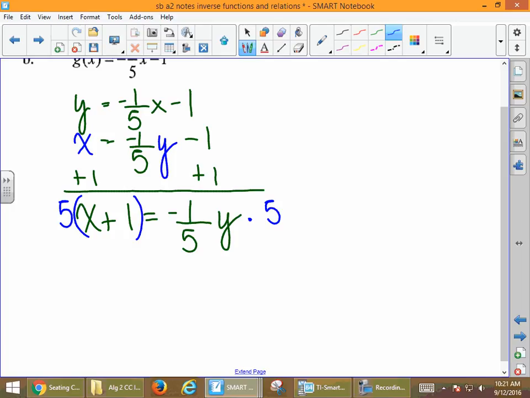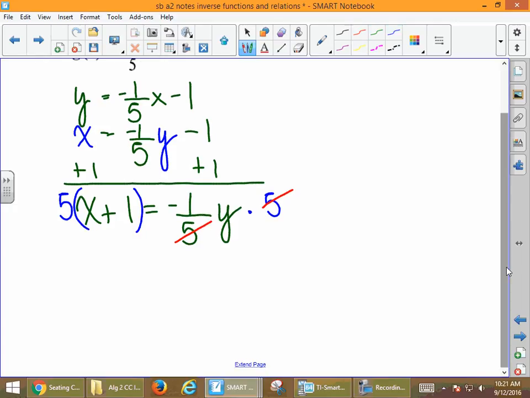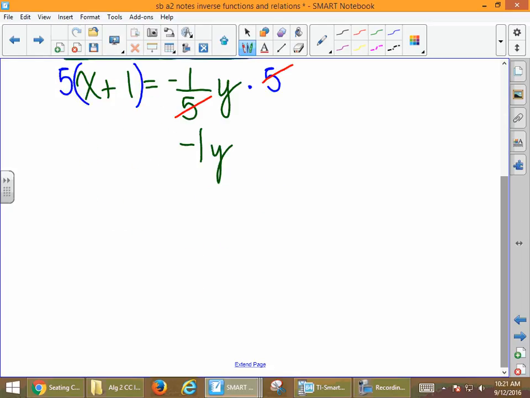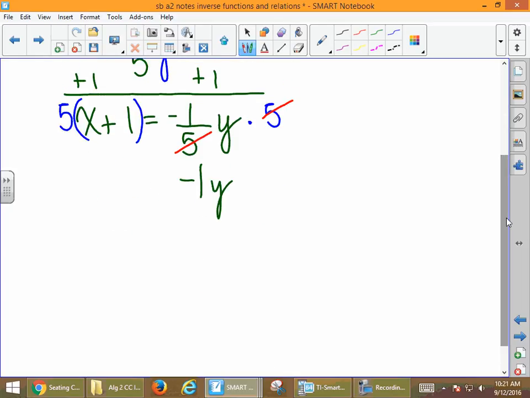It doesn't completely solve our problem, but we get closer here, because 5 divided by 5 is 1. So now what we have on our right side of our equation is negative 1y. Again, the 5's canceled out.